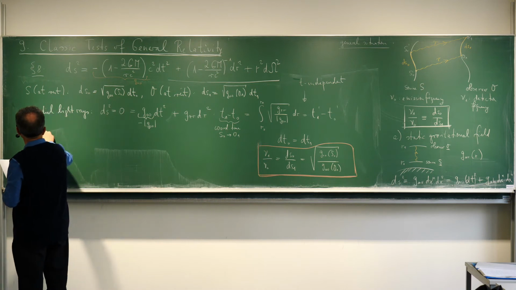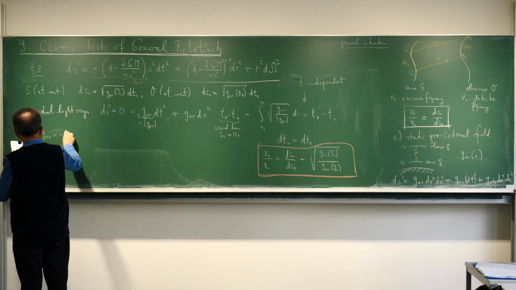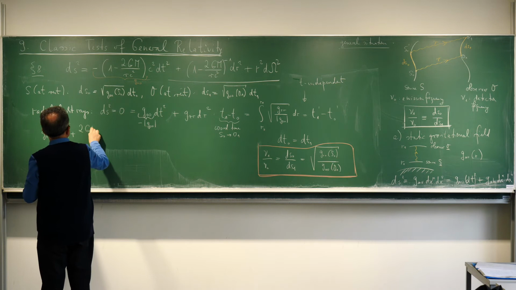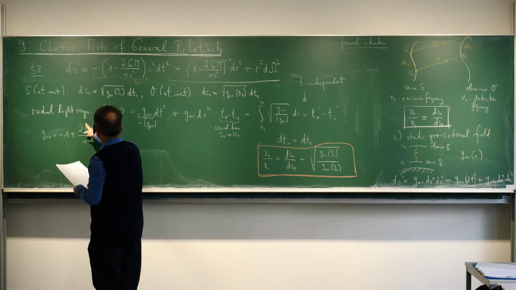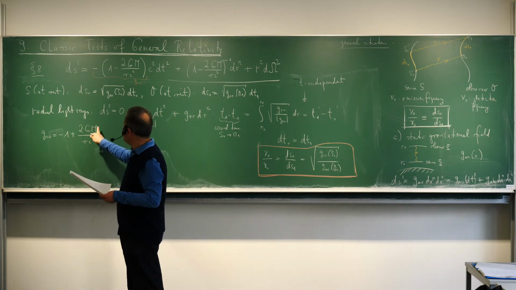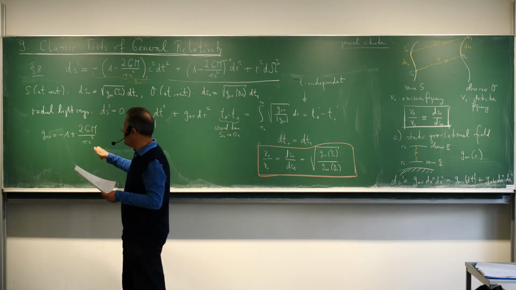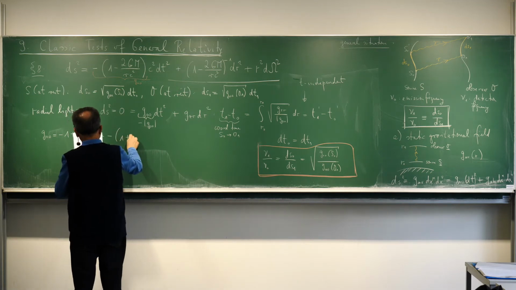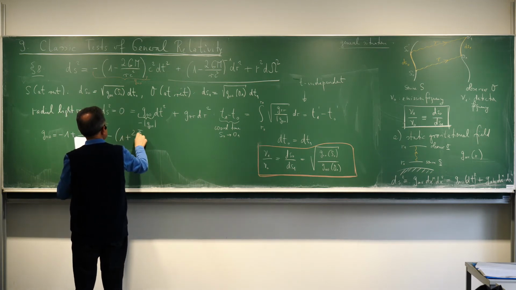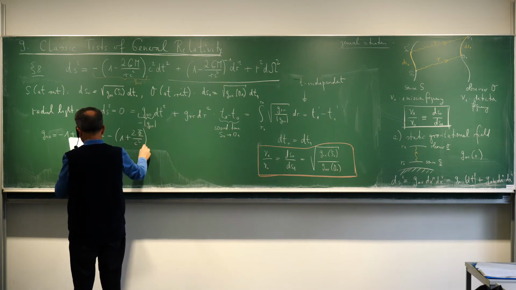So g00 is minus 1 plus 2GM over rc squared. We have the Newtonian gravitational potential, phi equals GM over r, so that's minus 1 plus 2 phi over c squared.